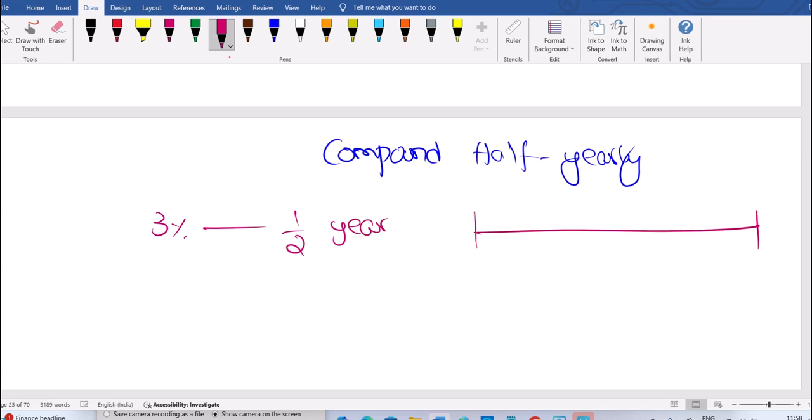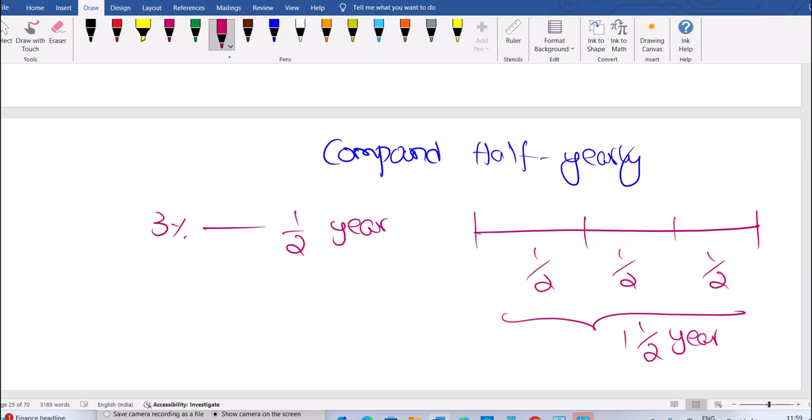Question is 1.5 year, means then 3 half years are there. Time taken is 1.5 year, there are 3 half yearlies available. Right. For first half year 3%, for next half year 3%, for next half year 3%, like that we have to calculate.